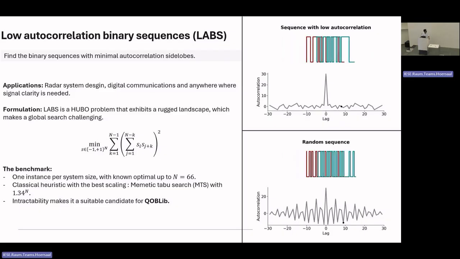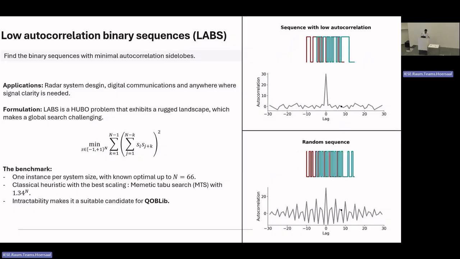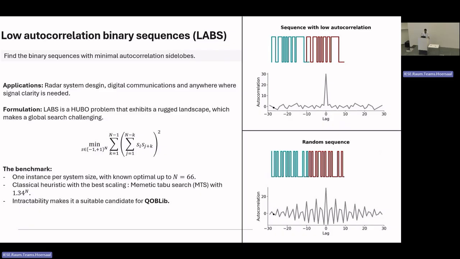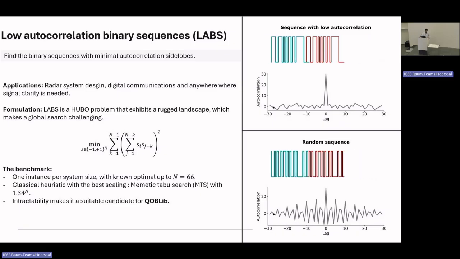In this case, the best known classical heuristic scales as 1.34 to the power n. We have an upcoming paper. Before that, there was a paper by JP Morgan last year showing that QAOA with depth 12 can outperform memetic tabu search, one of the best known classical algorithms. But it's just a scaling analysis, and no experiment has been done yet because of the number of gates needed to implement this problem.